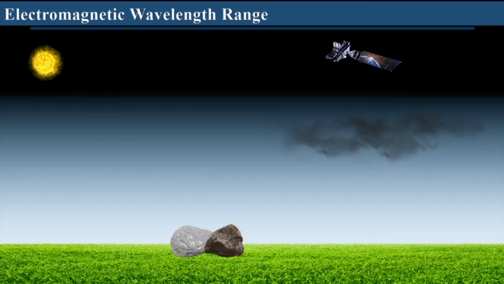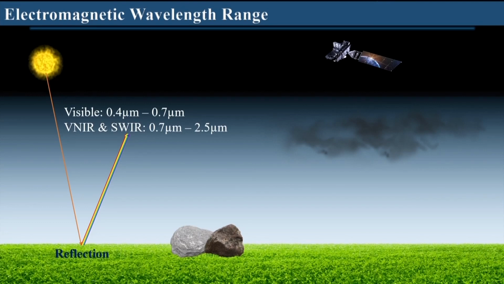Like in this case, sun is our source of light. So, when sun is illuminating our surface, what will happen? Either it will get reflected from our surface, or transmitted, or absorbed, or if it absorbs some amount of energy, then later on it will be emitted.